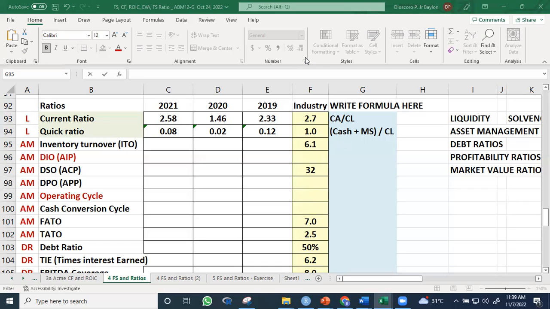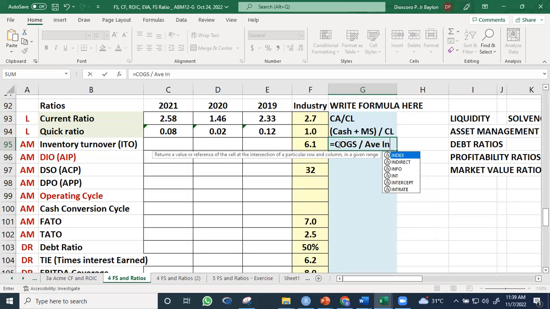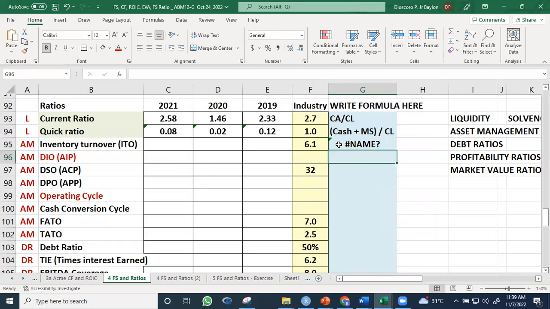You're correct. It's cost of goods sold. Okay, cost of goods sold or cost of sales divided by the average inventory.